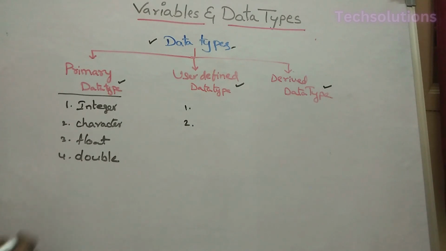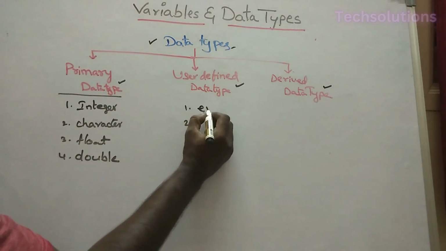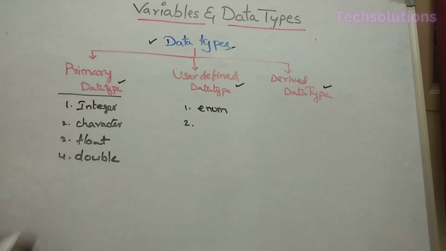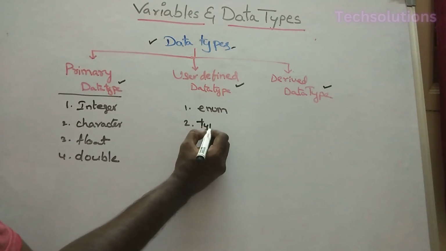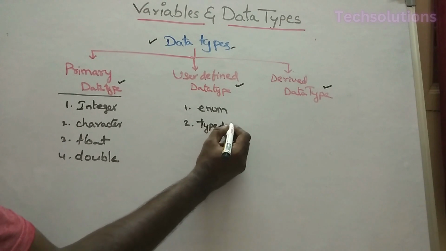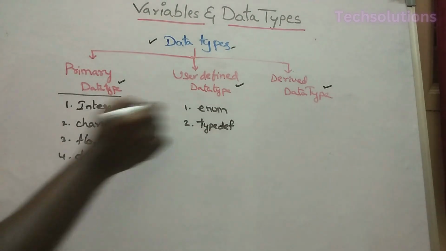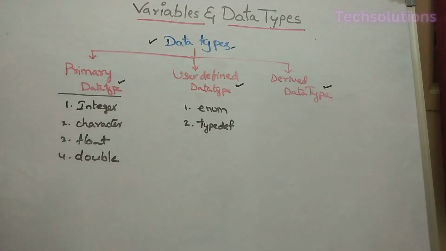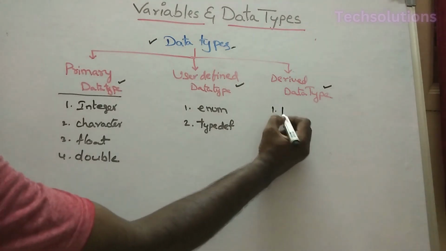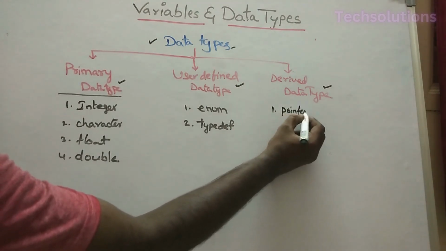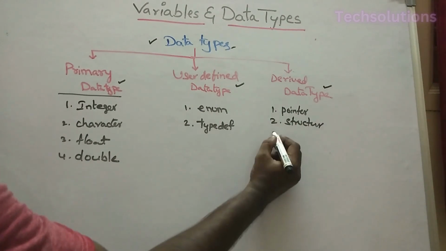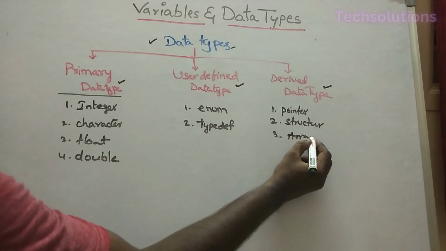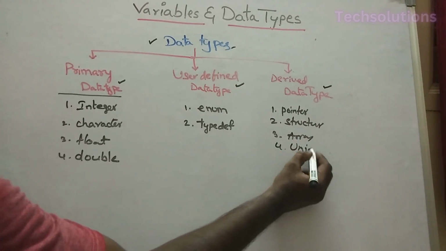The user defined data types are the enumerated data type, that is enum, and type definition, that is typedef. These two are the user defined data types. Now what are the derived data types? Pointers, structures, arrays, and union.